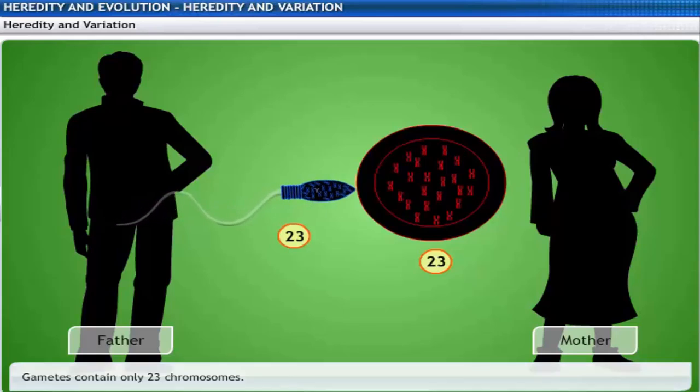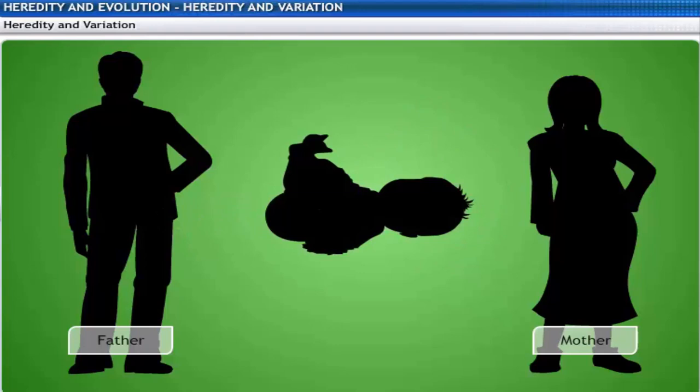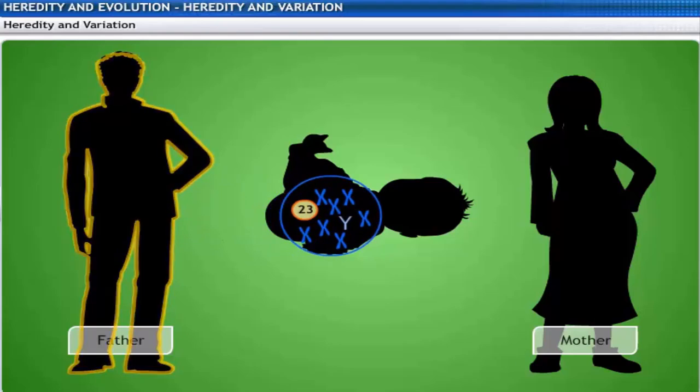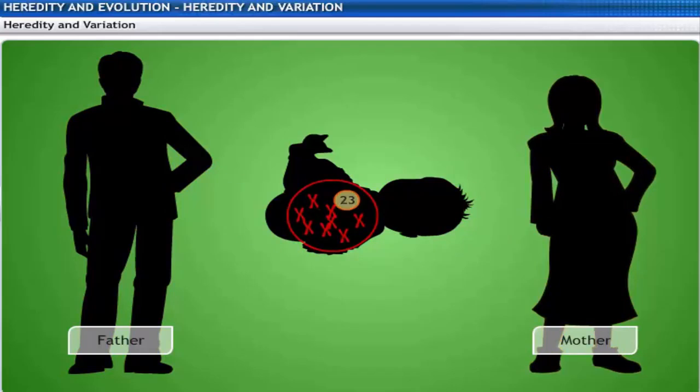The male gamete fuses with the female gamete to give birth to a child. So, the newborn child receives 23 chromosomes from the father and the other 23 from the mother.